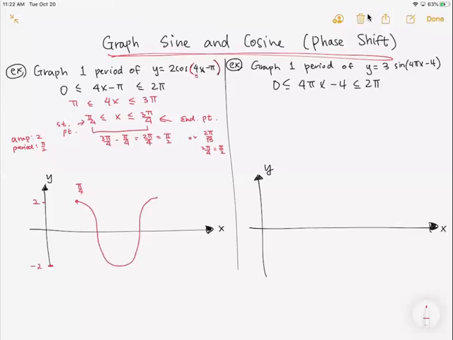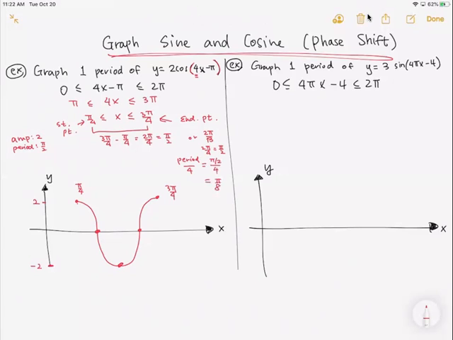And we know that our graph should end at 3 pi over 4. And in order to have these 5 key points, I know that I have to use period divided by 4, because every quarter of the way we have our key points. So it will be equal to pi over 8.